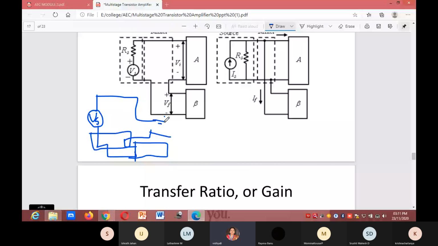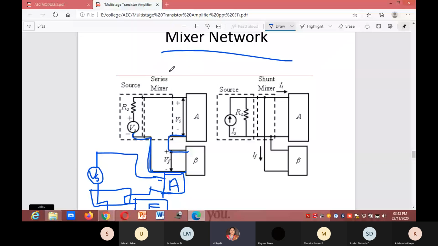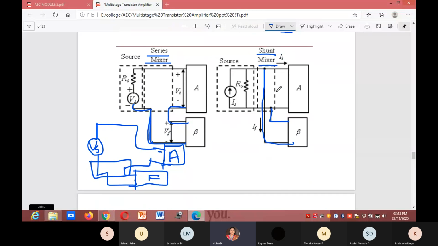This is the amplifier and this is the feedback. This is the series connection. You can observe these lines from the voltage source negative end to negative end, and again from here to positive. This series connection is a series mixer. Here is the shunt connection: from positive to here it is connected, and from negative to here. This connection is the shunt mixer connection.